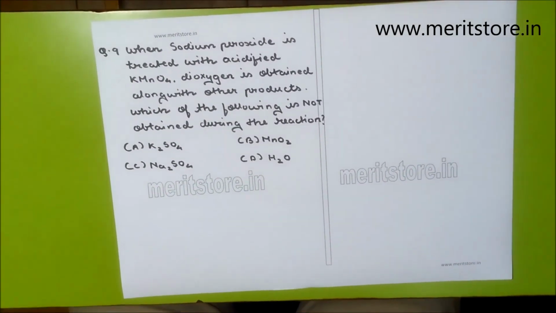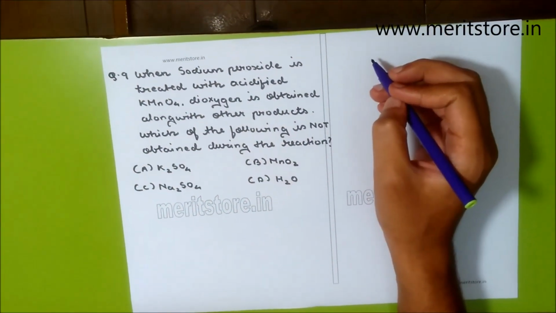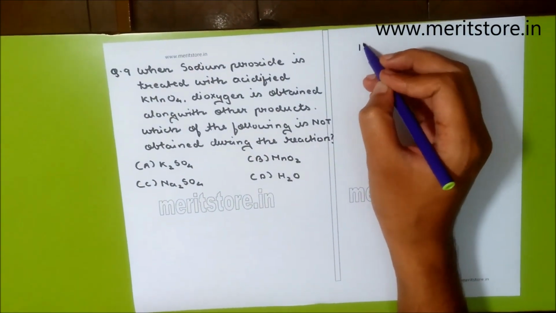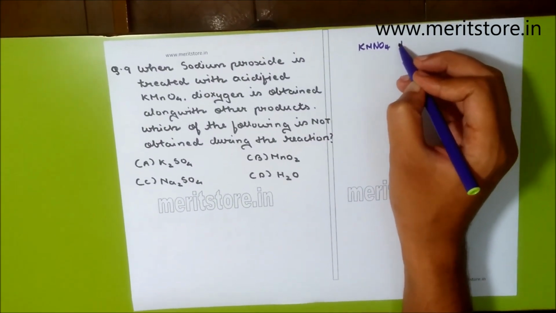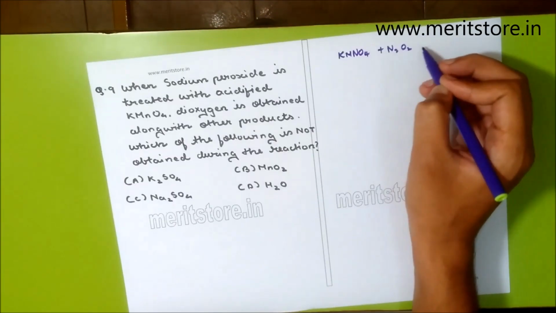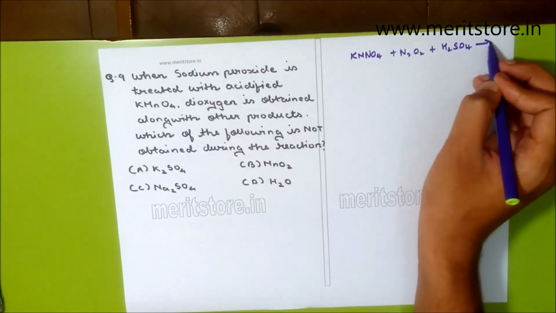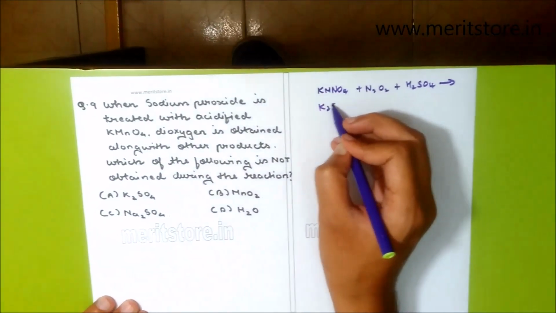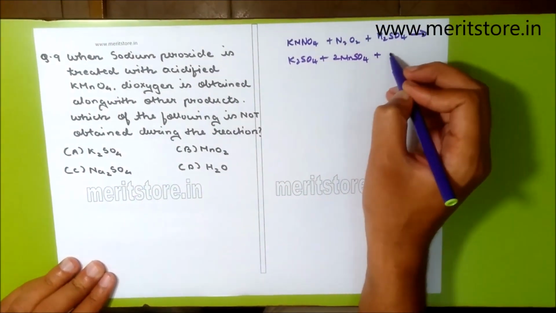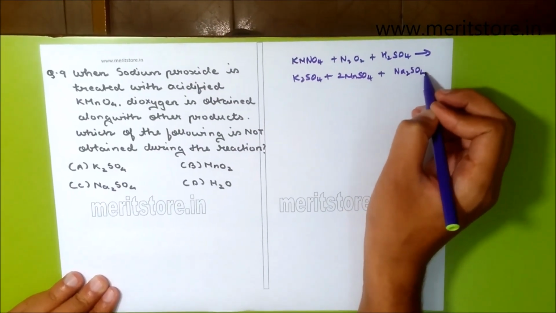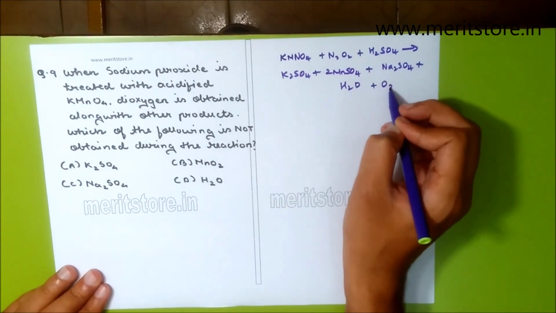Okay, when KMnO4 reacts with H2SO4 and sodium peroxide, Na2O2, the reaction gives products K2SO4 plus 2MnSO4 plus Na2SO4 plus H2O plus oxygen.